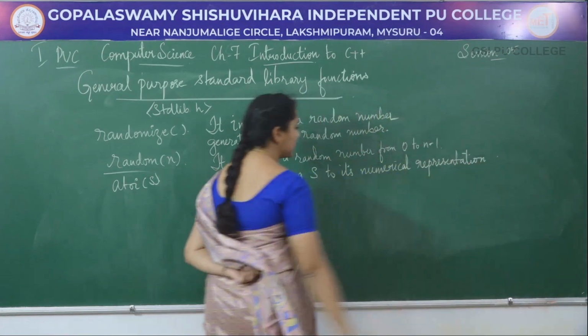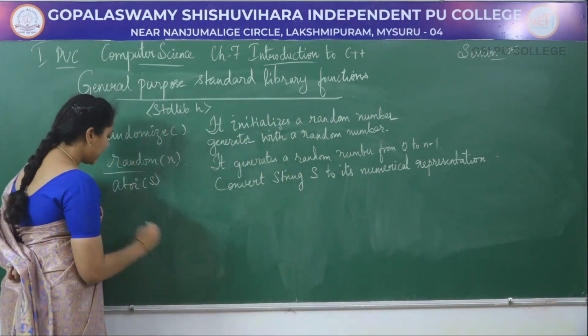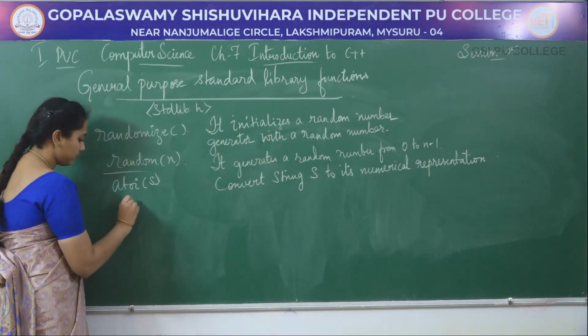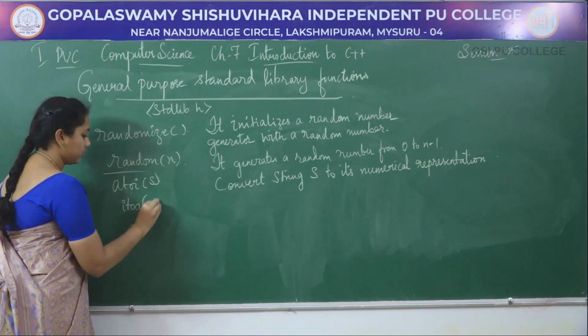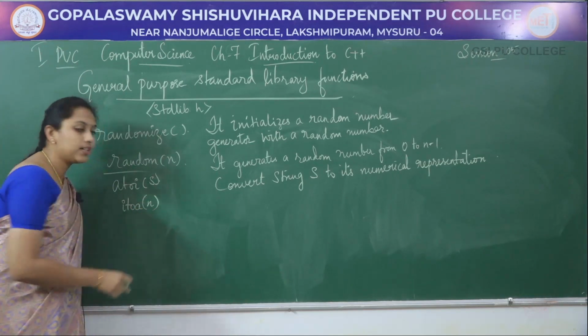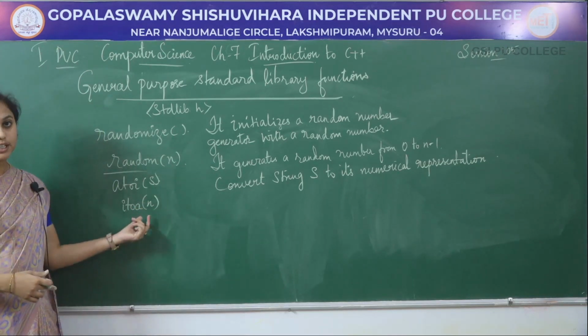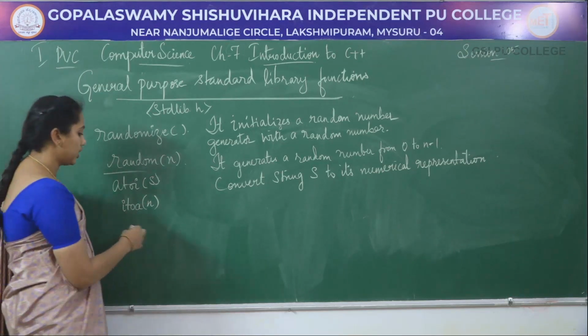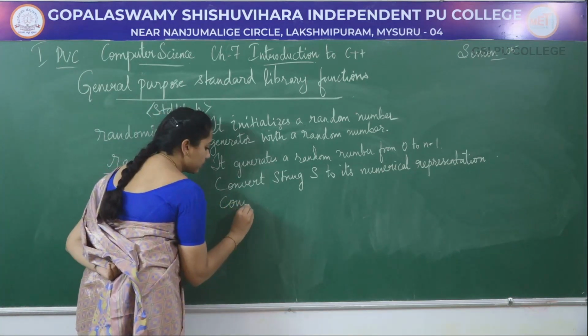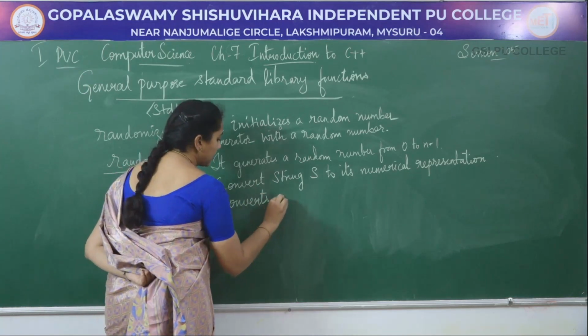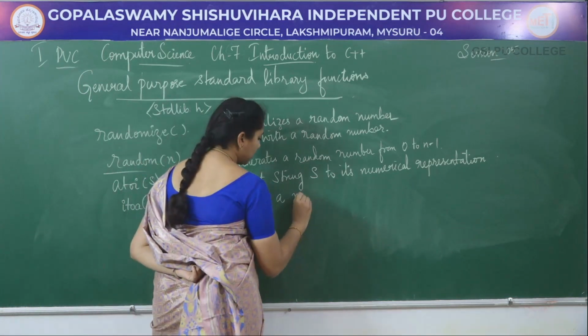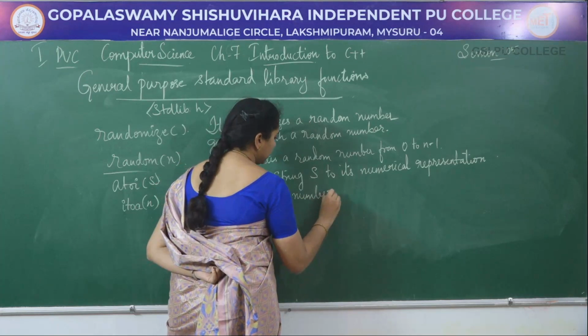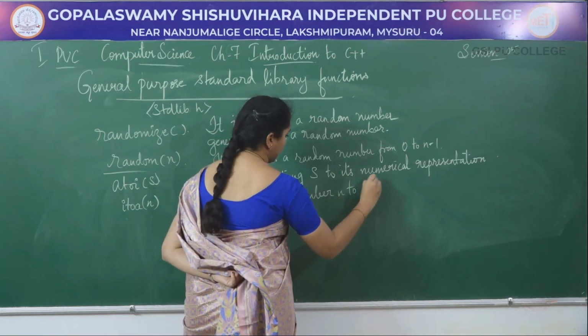Next is itoa function. This function converts a number n to a string.